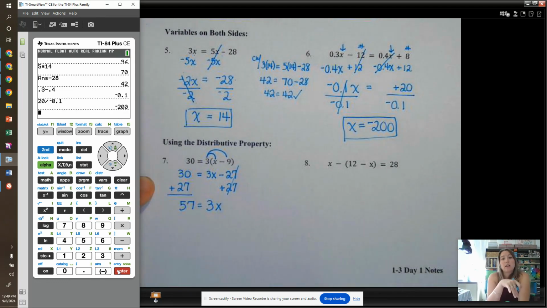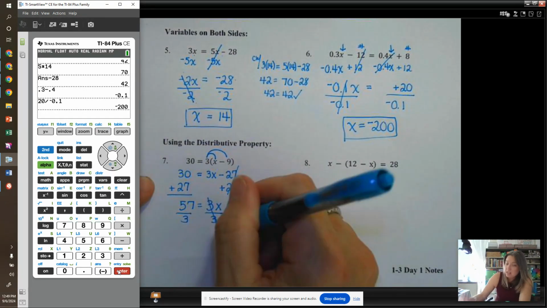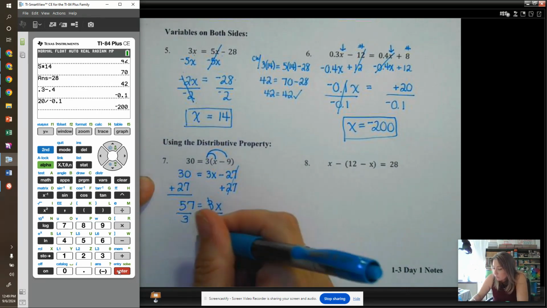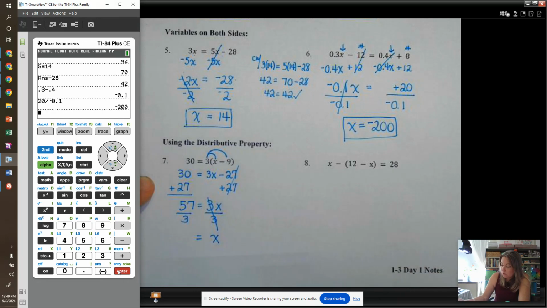Now, how is the x attached to the 3? By multiplication. The inverse of multiplying, divide both sides by 3. So it is the same thing over and over, right? What we want to do here, bring down that 1x that's left over, 57 divided by 3.